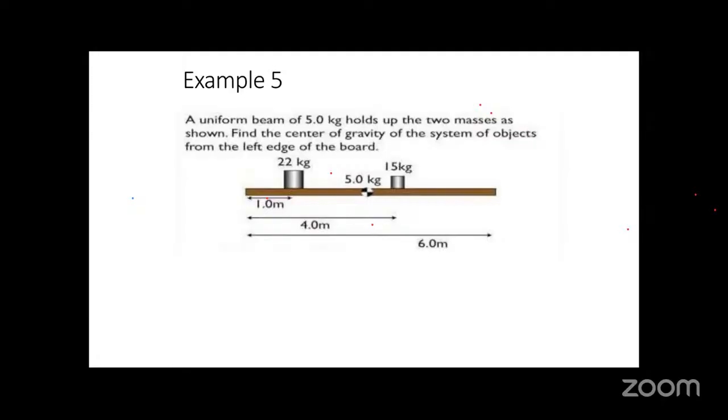So the beam is 5 kg, and it's at the center where the weight of that beam is concentrated. So it's at 3. If you look at where it is, it's a bit away from the 15 kg, and the 15 kg is at 4 meters. So the 5 kg will be at 3 meters.